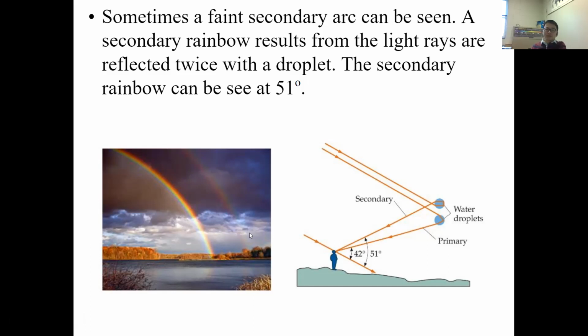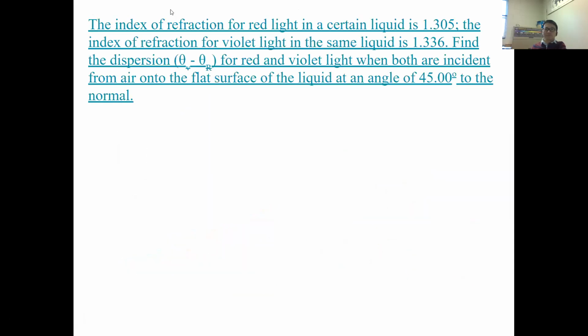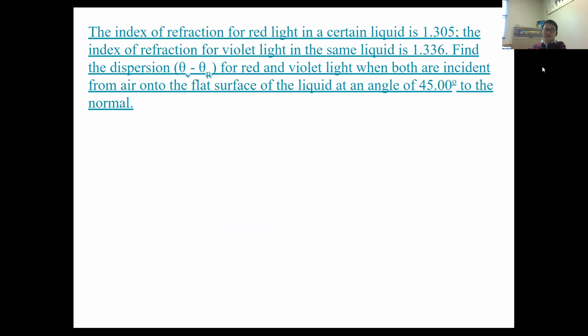Now let's go back to the example. It says the index of refraction for different light in a liquid is different. For red light it's 1.305, and for violet in the same liquid it's 1.336.